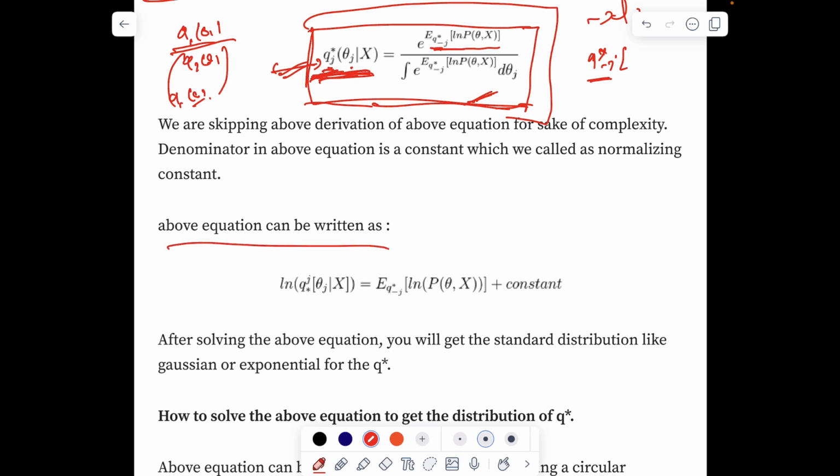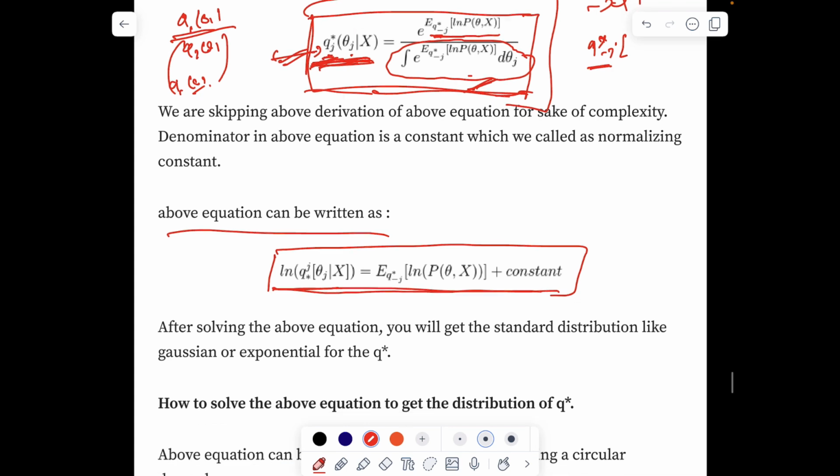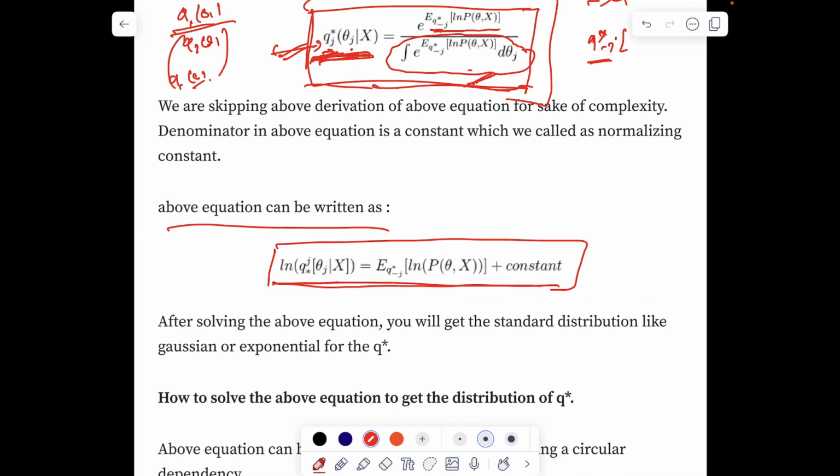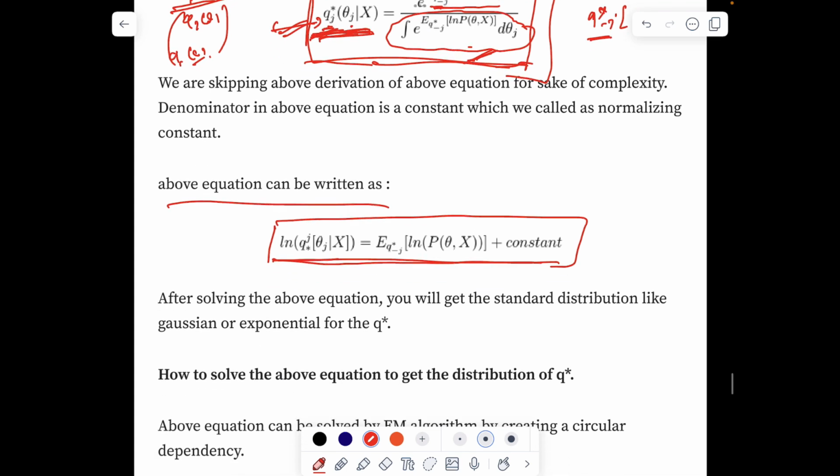Just look at the equation above. By manipulating it, just taking the log on both sides, this can be written like this. This term is a constant, so we don't need to worry much about it.